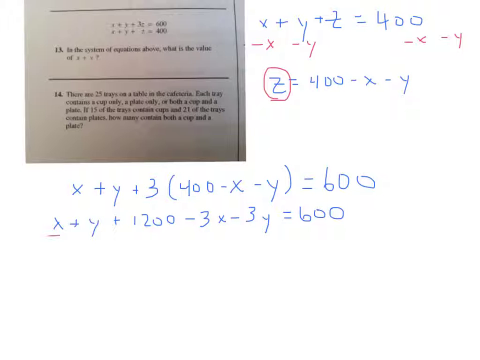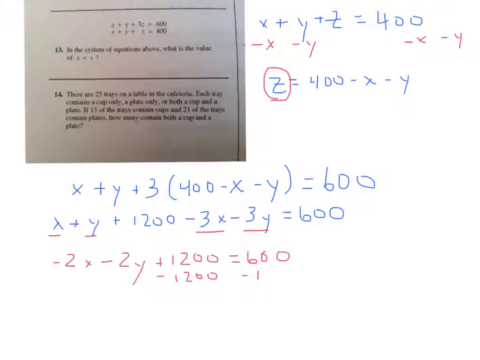So here we have x and negative 3x gives us negative 2x. y and negative 3y gives us negative 2y, plus 1200 equals 600.